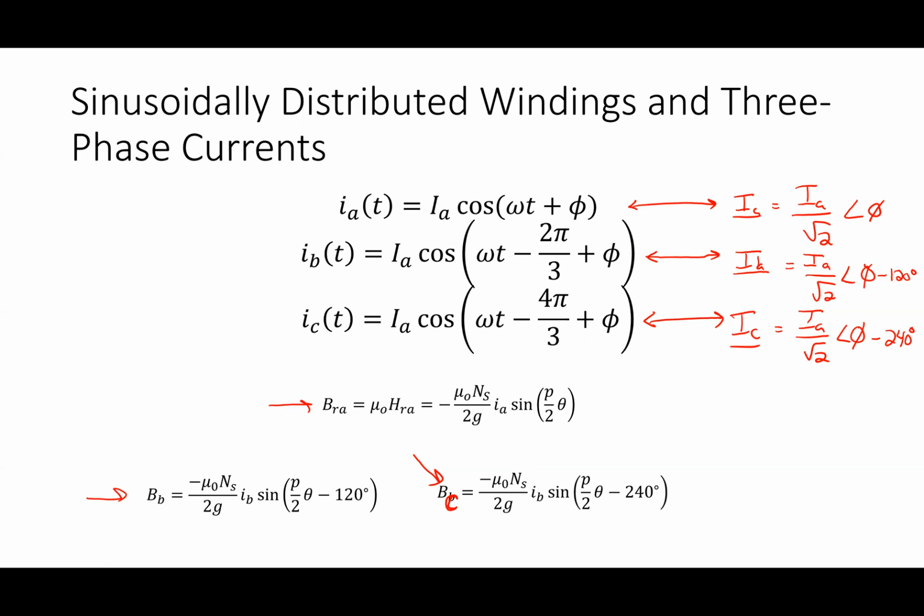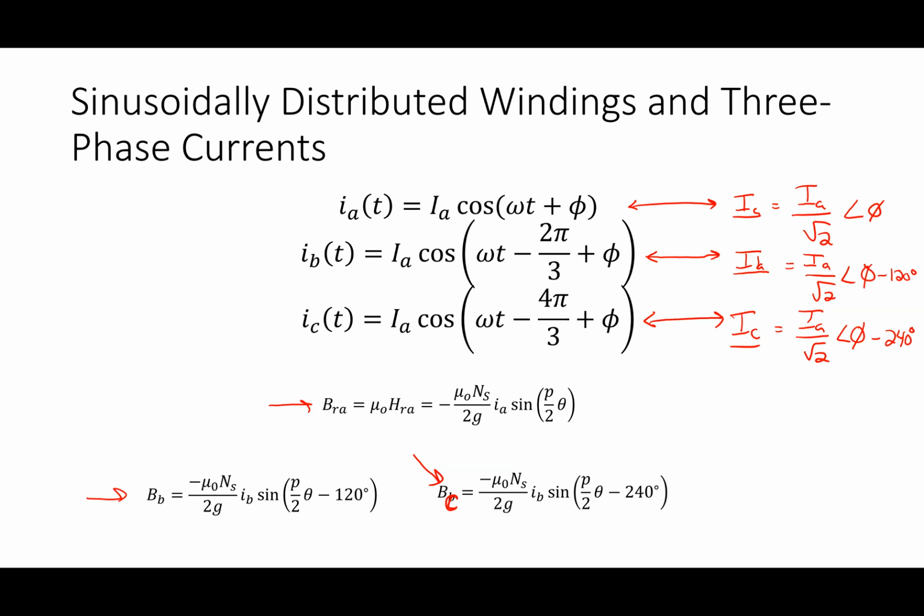Now, what have I done here? Well, the only thing that's different is I put in that P over 2 to basically say that if this has multiple poles, then I have to take into account this pole factor. All right.